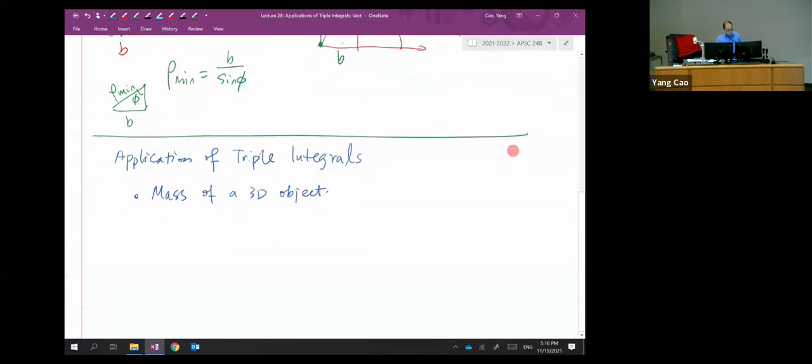So most of the results I'm writing down here, I'm not going to rederive anymore, because the difference is basically just adding one more integral compared to the double integral.